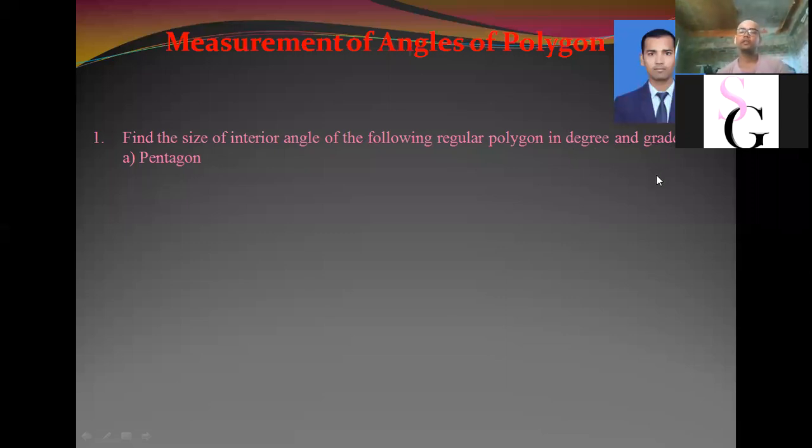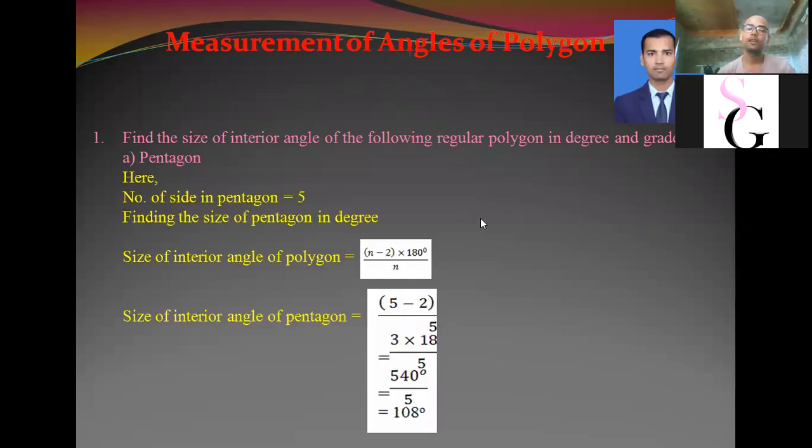So let's start the solution. For this, you can see on your screen that the number of sides in a pentagon, as we know, is 5. So the number of sides in the pentagon is equal to 5.